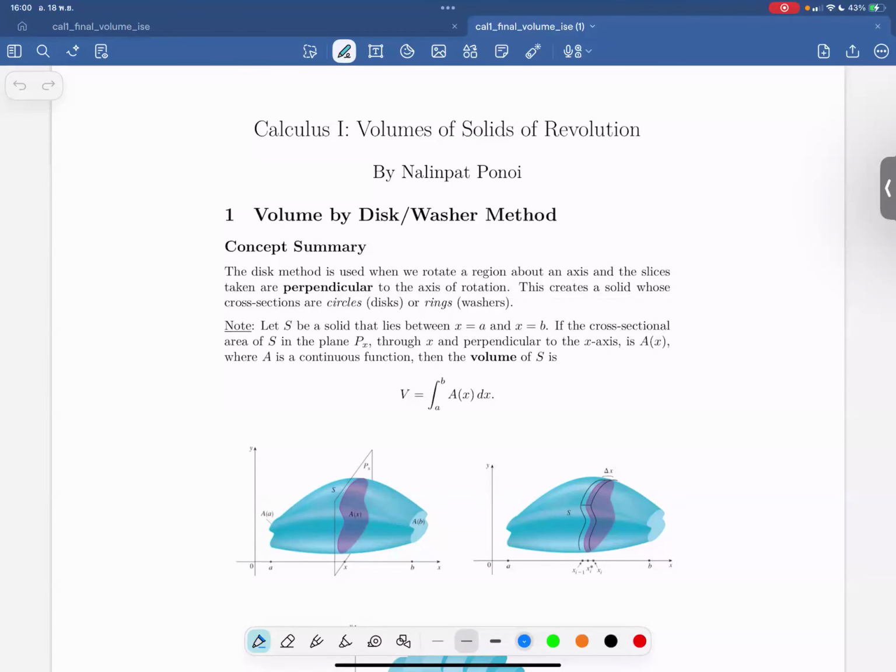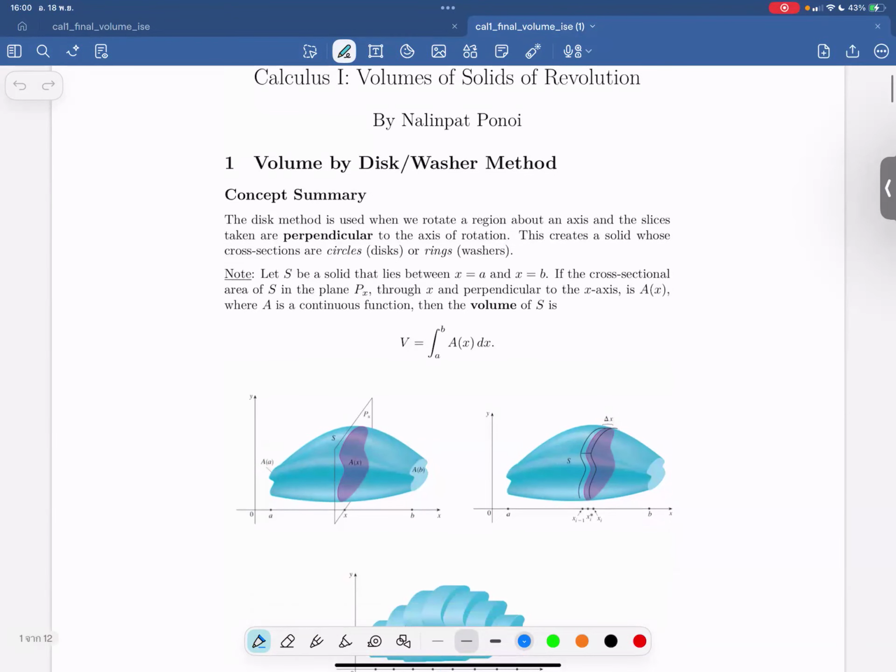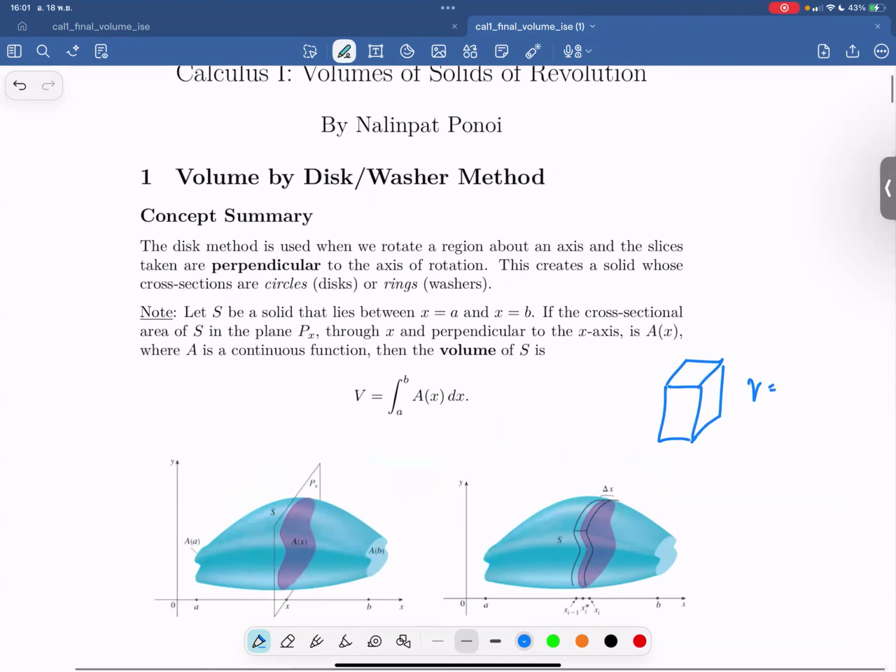So for the summary of the concept of the volume by the Disk and Washer method, let's recall when we have a pyramid in high school, we say that the volume of the pyramid is just the base area times the height of it.